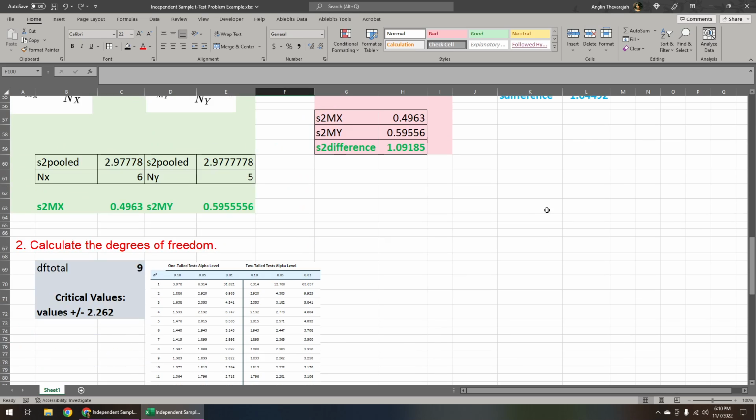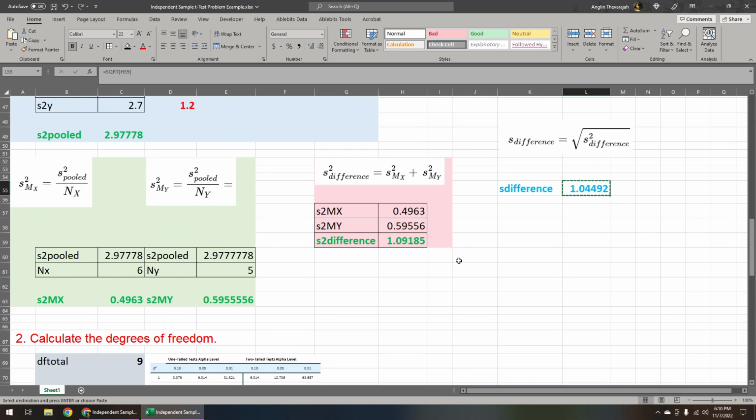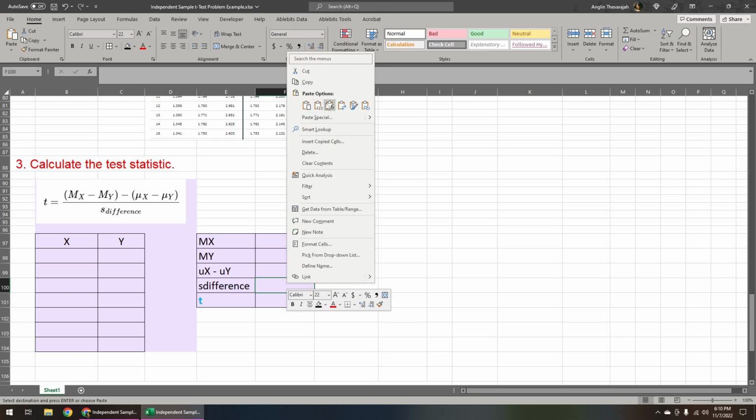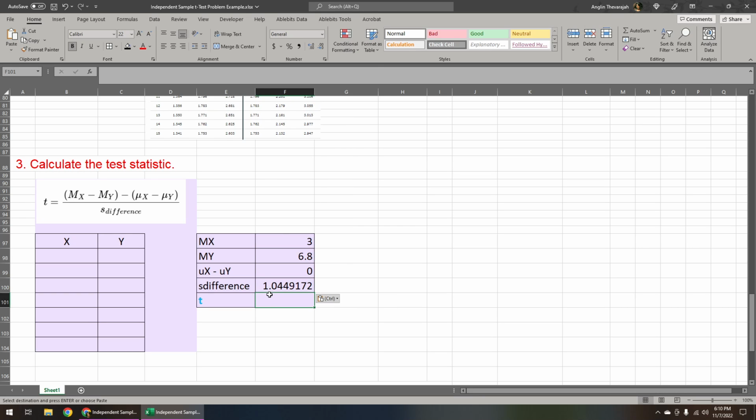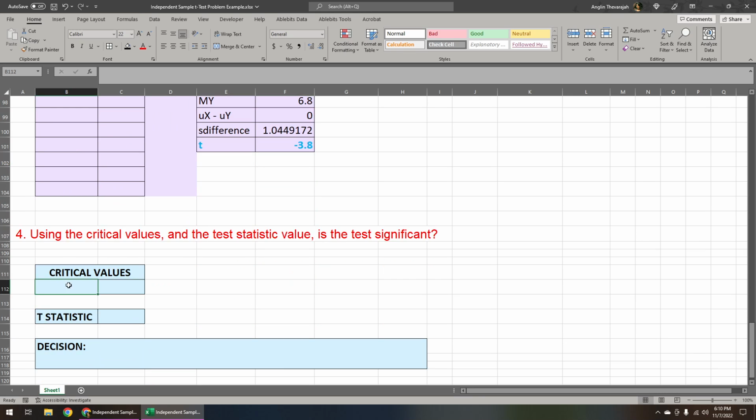Finally, your S difference, you solved for this, so I'm just going to bring this number over as well. So now plug into your equation: open parentheses, mx minus my, close parentheses, minus the 0, divided by your S difference. So you get negative 3.8.